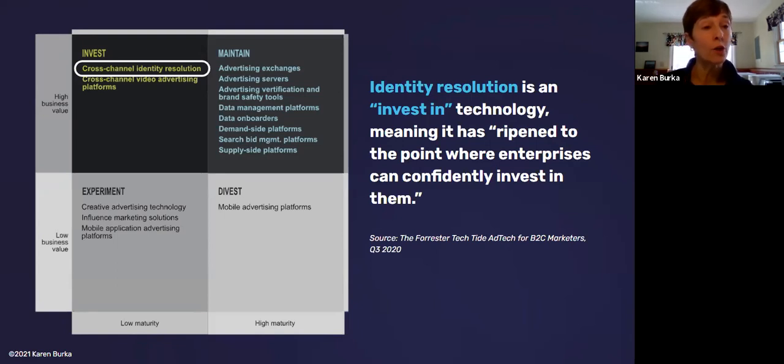And it's in their quadrant for high business value and low maturity, which means it's still growing. And you can see there, it's an invest recommendation only with identity resolution and video advertising platforms. So this is important to know that identity resolution is an invest technology and is ripened to the point where you can confidently invest in the platforms and tools that are available to help you resolve identities. You're going to get a lot of bang for your buck.